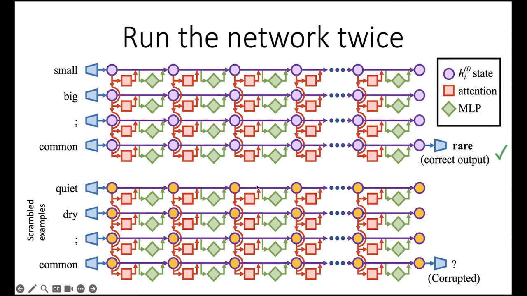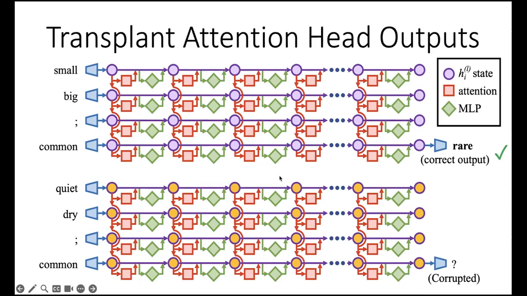The way we're going to do it is we're going to monitor the output probability distribution of this sort of diseased network, this corrupted network. And then meanwhile, we're going to take individual components and hotwire them from the clean network, which is capable of doing the right computation, into the corrupted network, which is not able to do it.